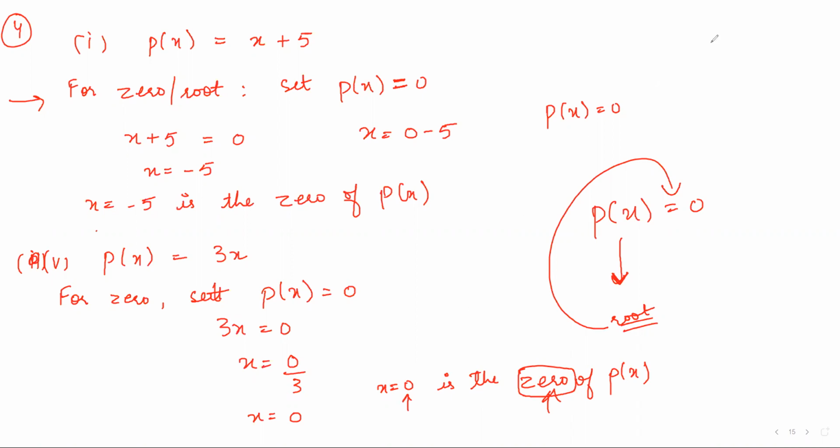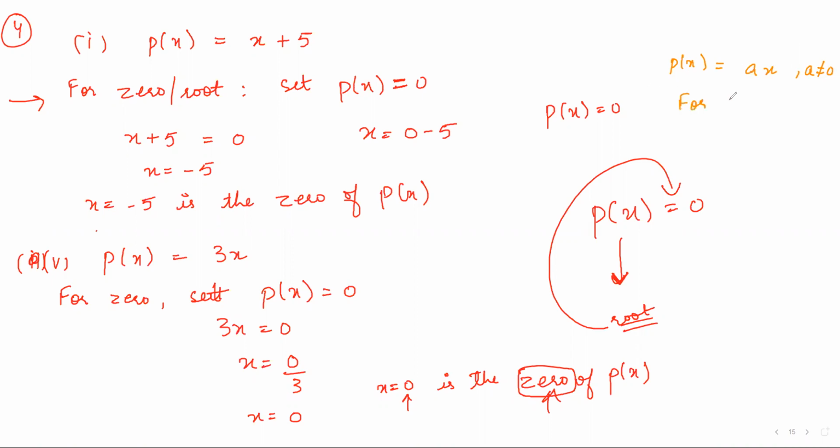Similarly the next, right? You have P(x) is equal to ax, and it is written that a is not equal to 0. Because they have to write, otherwise if a is 0, your polynomial P(x) is equal to 0, right? So a polynomial is something where a is not equal to 0. a can be anything else.